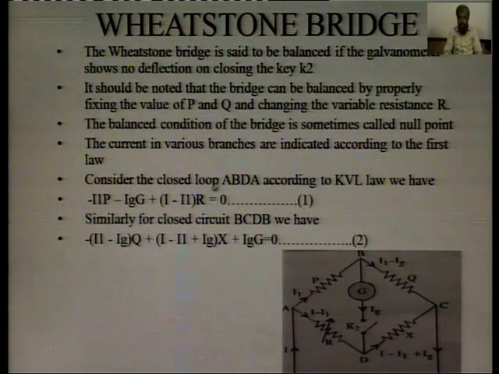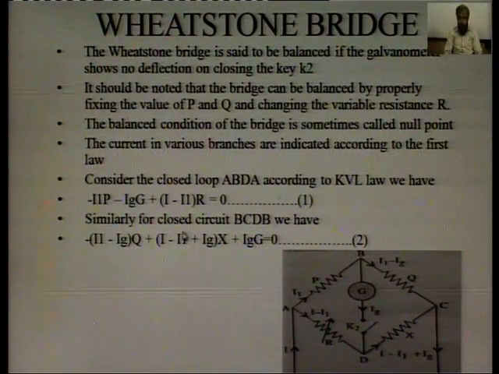Consider the closed loop ABDA. According to Kirchhoff's voltage law, the sum of all the potential drops across this closed loop will be equal to 0. So the potential drop across resistor P, that is I1P, plus IgG, plus (I minus I1) into R, will be equal to 0.